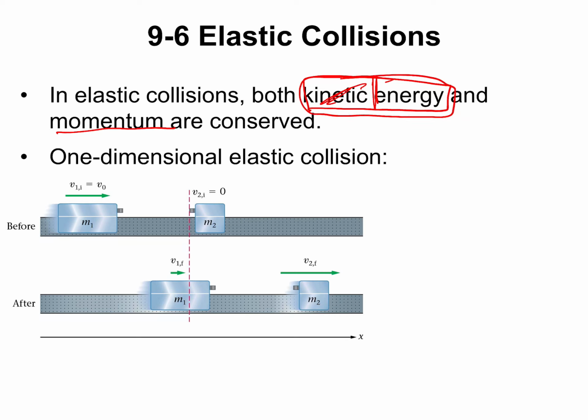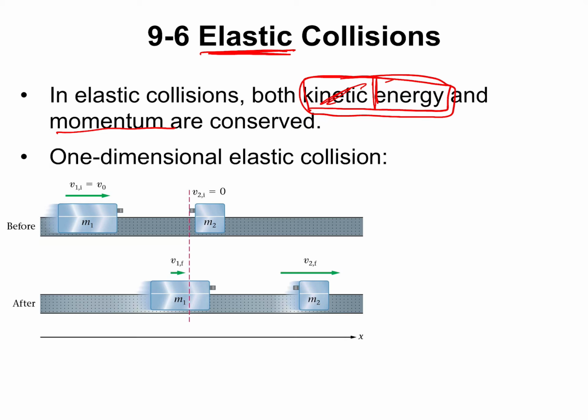So you have two conservation laws: momentum conservation and energy conservation. Let's talk about the one-dimensional case first. This is a one-dimensional elastic collision with energy conservation and momentum conservation.